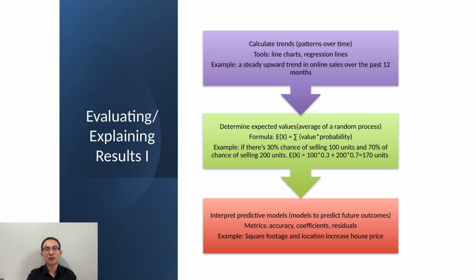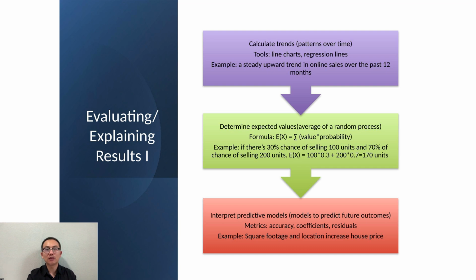After we run our analysis, the real challenge is interpreting the results clearly. First, let's talk about trends. Trends show whether something is rising, falling, or staying stable over time, like monthly sales or website visits. We use charts, moving averages, or regression lines to help visualize those patterns. Next is expected value.